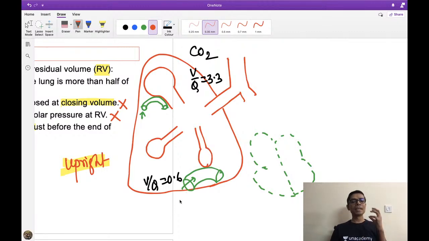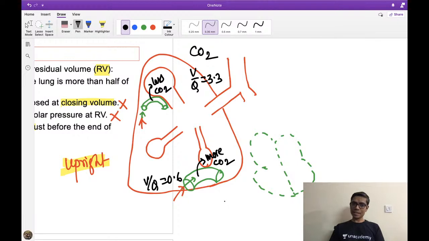That is nothing but the venous blood which is entering in this capillary. Now if the venous blood flow is less, obviously less carbon dioxide is going to enter here, and if the venous blood flow is more, then more carbon dioxide is going to enter this alveoli, right?